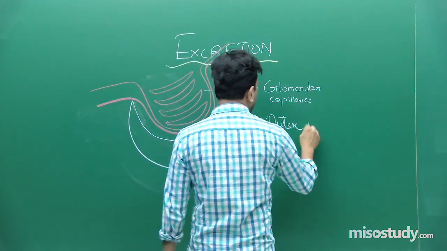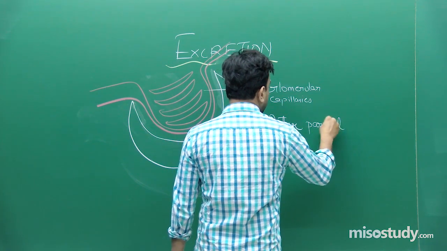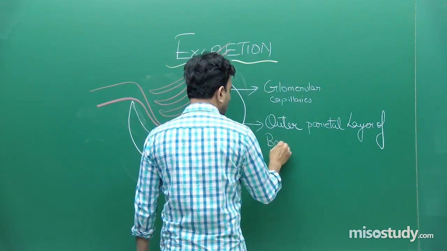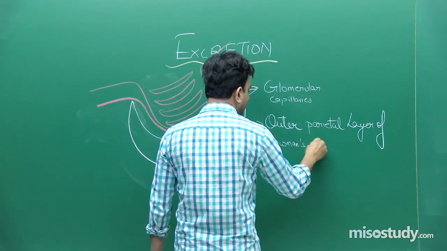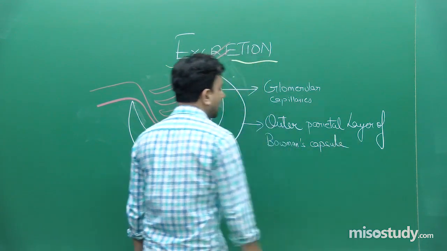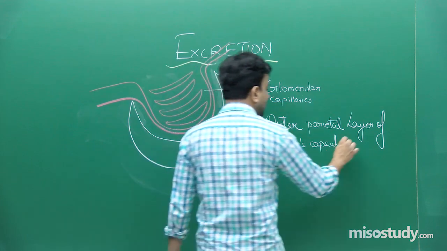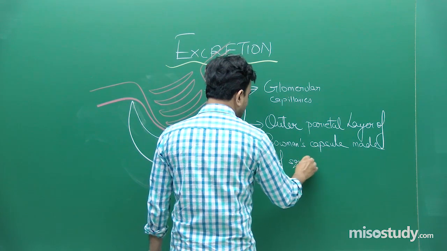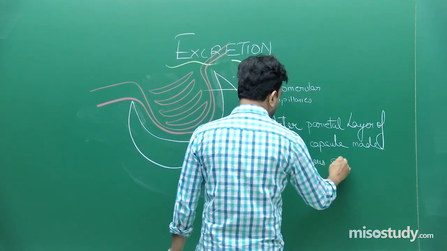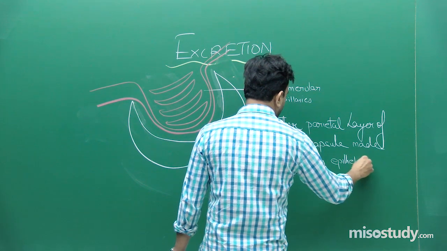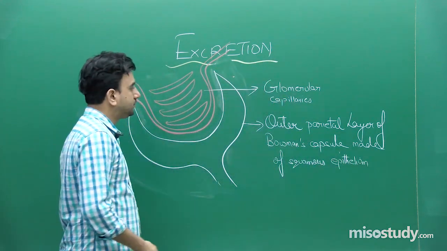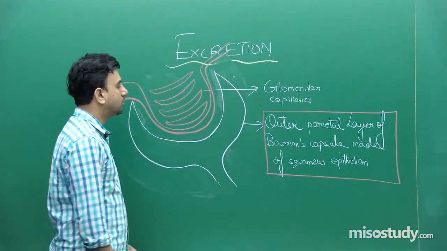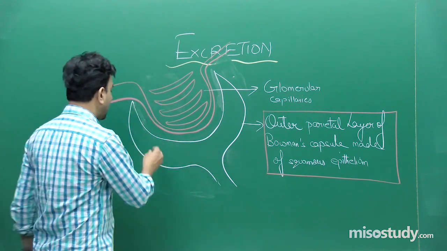The outer parietal layer of Bowman's capsule is made up of squamous epithelium.